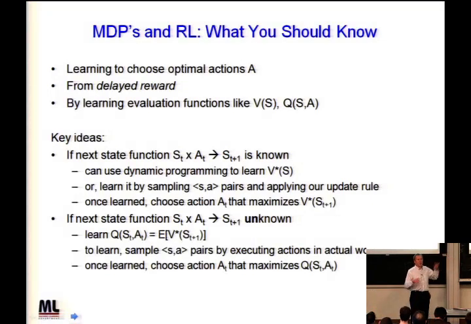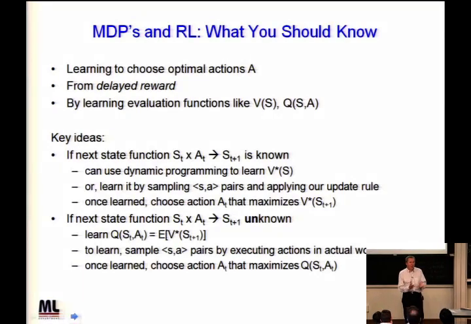The first one was when we assumed that the robot trying to learn this control strategy actually knows the next state function for the world. Like if you're playing chess, you know the legal moves of the game. You don't know the strategy, but at least you know the legal moves. Then we saw that we could learn this value function V. We talked about value iteration as one way of effectively doing a sampling version of dynamic programming.